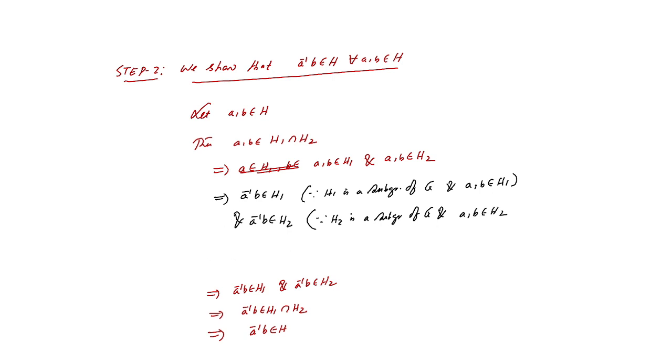So from these two conditions, what can we write? a inverse b belongs to H1 intersection H2. What have we proved here? a inverse b belongs to H for all a, b belongs to H, because a, b in H is arbitrary.